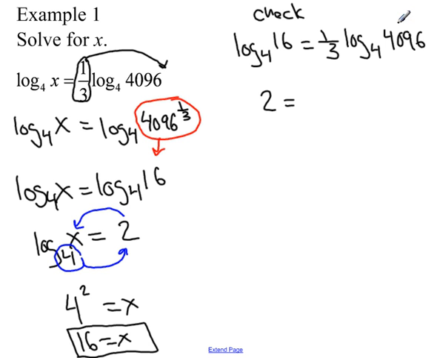Let's now evaluate the right side of the equation. Now there's a couple of ways you could do that. You could use the power property to bring the 1/3 and make it an exponent of 4096, but I already did that the first time, so I'm going to do it a little differently, just to check myself. So I'm going to evaluate this first.